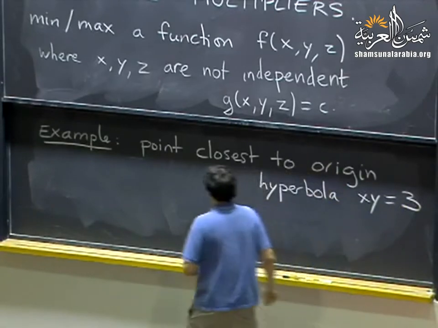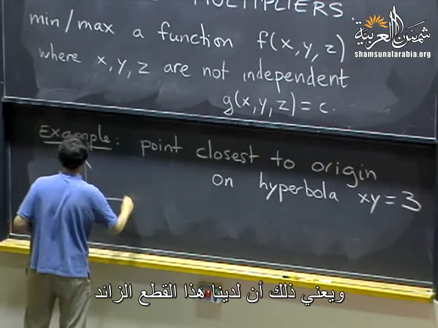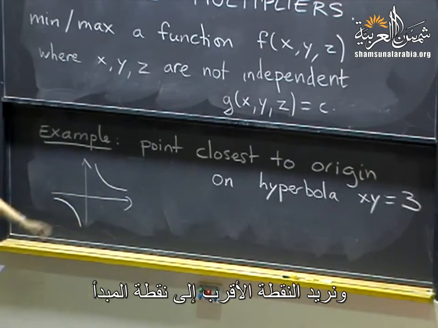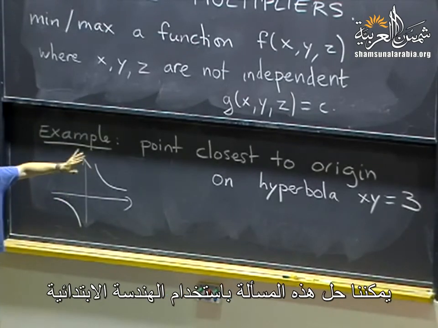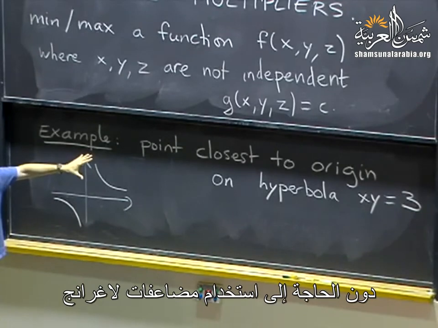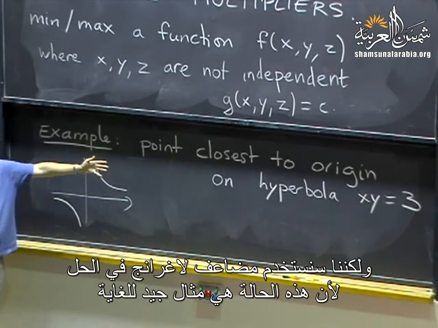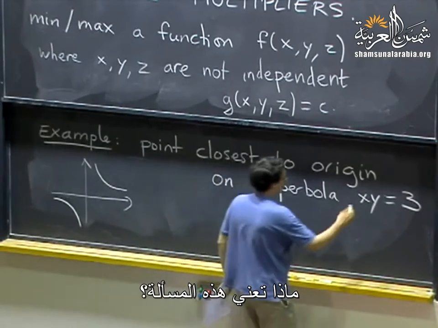Okay? So that means I have this hyperbola, and I'm asking myself, what's the point on it that's the closest to the origin? I mean, we can solve this by elementary geometry. We don't need, actually, Lagrange multipliers, but we are going to do it with Lagrange multipliers because it's a pretty good example.